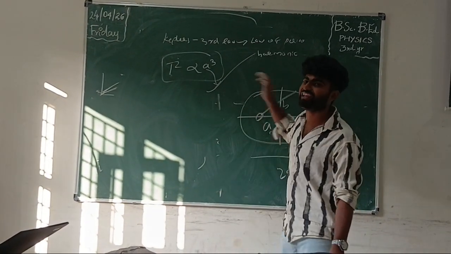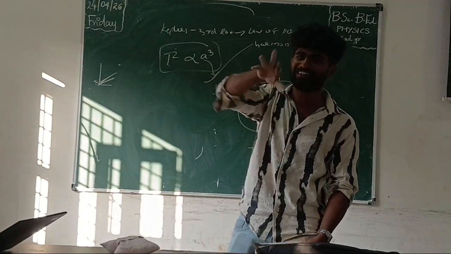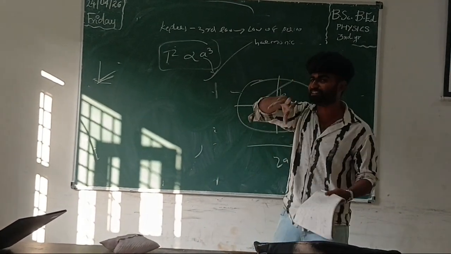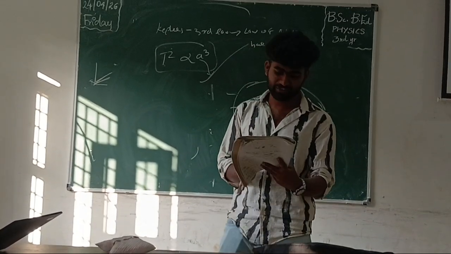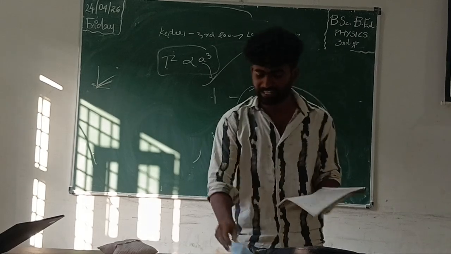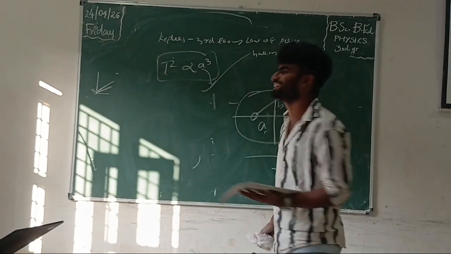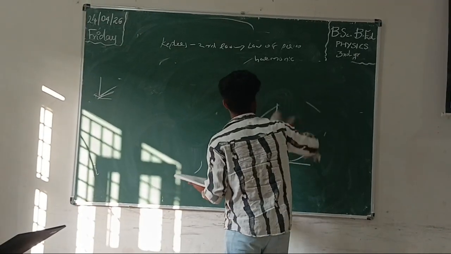For deriving this third law, we want to know Kepler's first law. We want to derive the first law, and from that only we can derive the third law. From that we found theta minus theta dash. Here there are two cases: theta minus theta dash for minimum and theta dash minus theta for maximum.